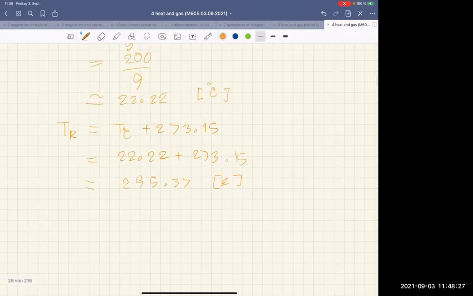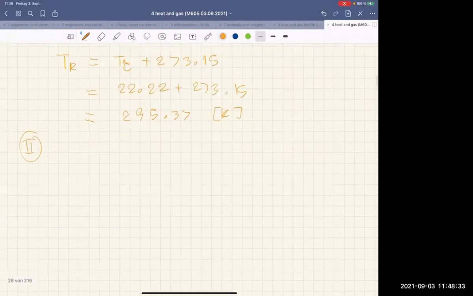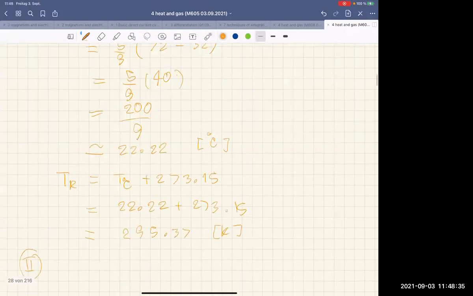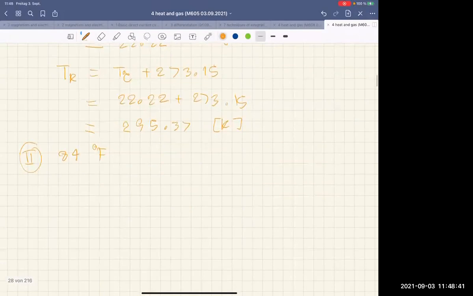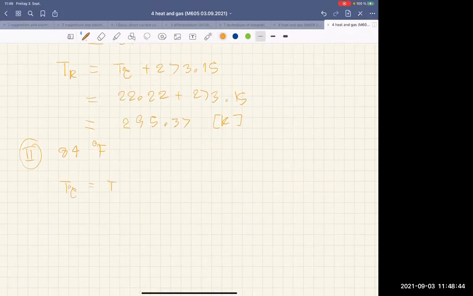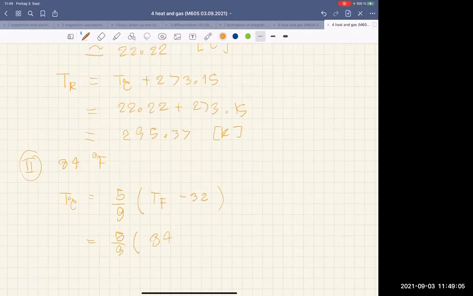And in the second state, at the temperature of 84 Fahrenheit, we can get TC from this expression. 5/9 of TF minus 32, yes, and 5/9, and TF is 84 minus 32.